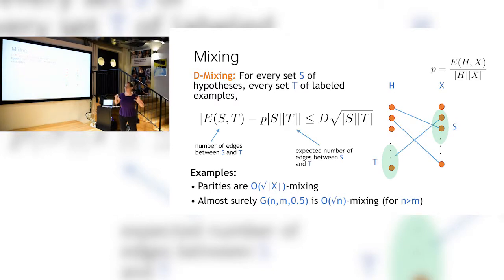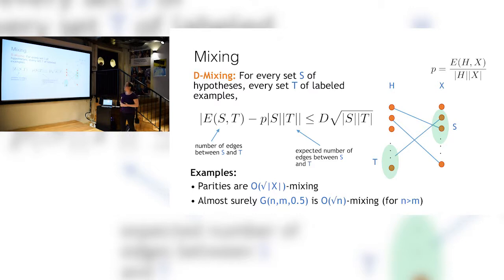This is the density. Okay, so if we have a random graph, what is the number of edges between two subsets, S and T?